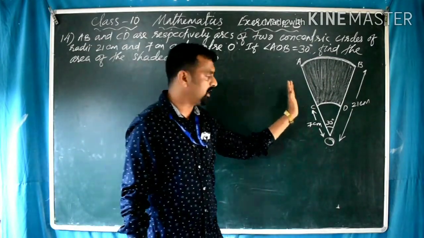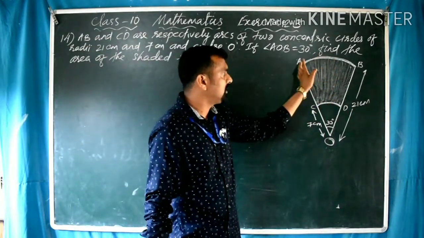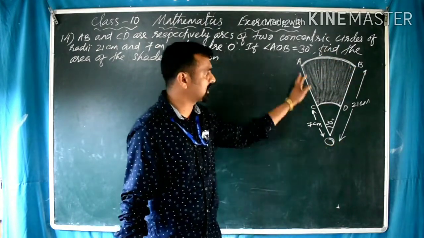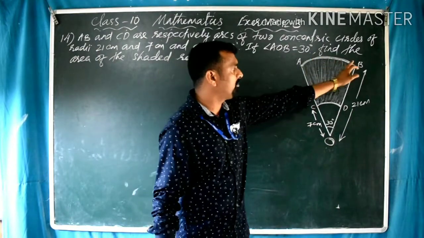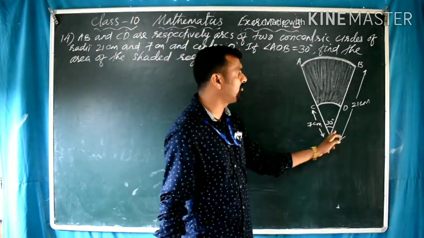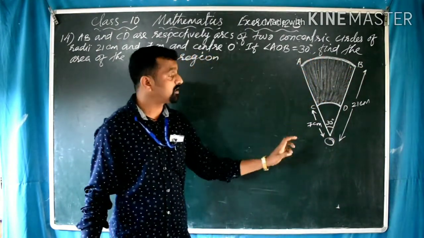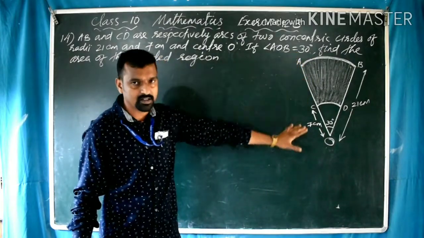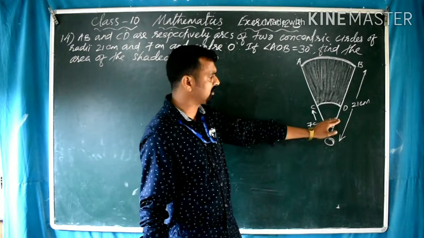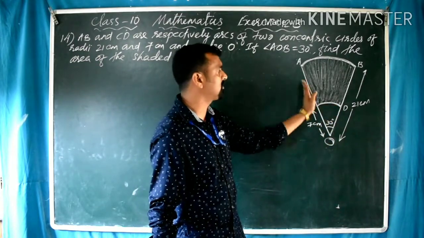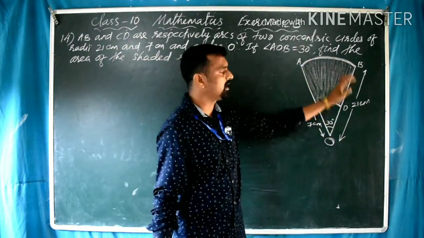Now you see here, this one is in the form of a sector. This one, AOB, is the large sector, and this one is the sector of the small circle.